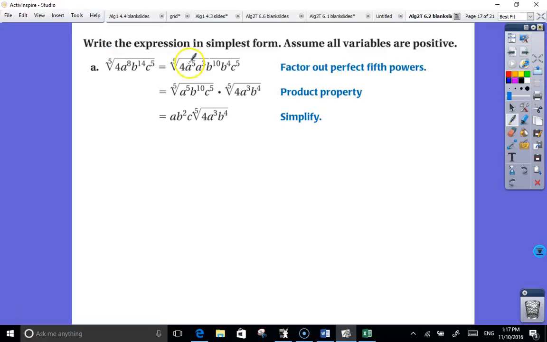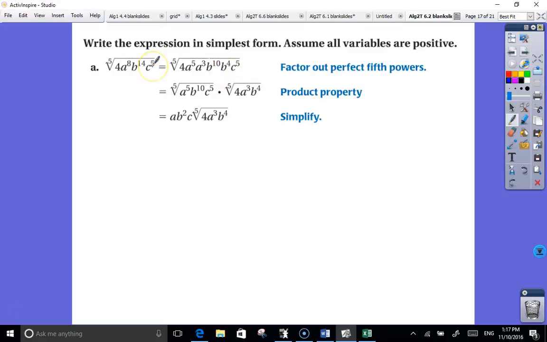That's why you've got a to the 5th, a to the 3rd. Properties of exponents says 5 plus 3 is 8. That works. Okay, b to the 14th. 14 is not divisible by 5. What's the greatest number less than 14 that is divisible by 5? 10. That's why they've got b to the 10th, b to the 4th.